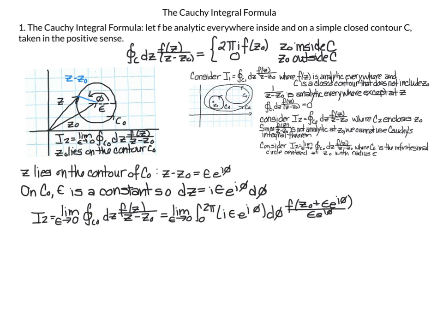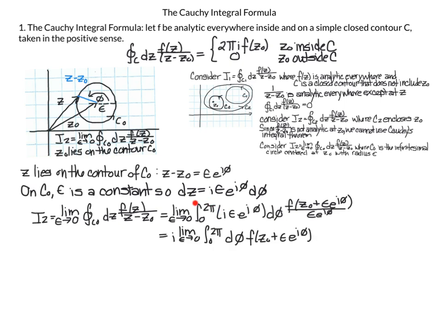And then last we need f of z, and I'm going to write z as epsilon e to the i phi plus z naught, just adding z naught to both sides of the equation, divided by z minus z naught, which is epsilon e to the i phi. So this is our integral in terms of phi.